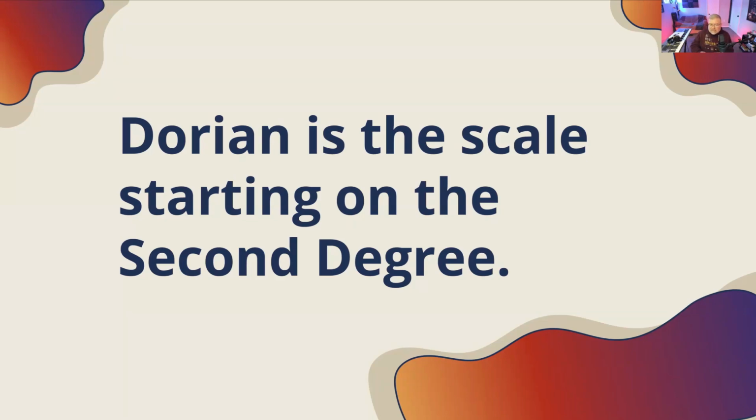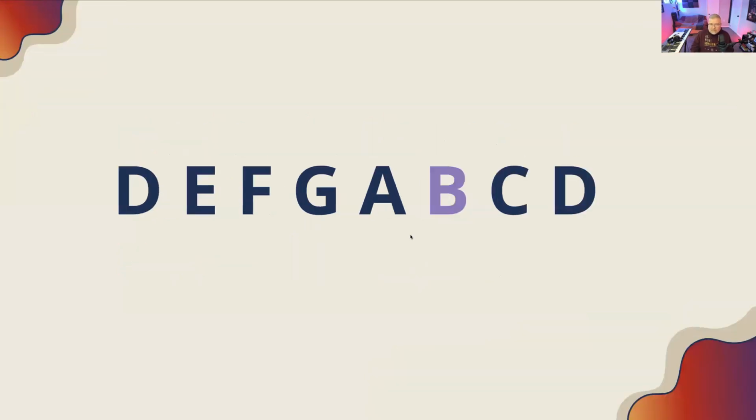In the C major scale, C is the 1, D is the 2, E is the 3, F is the 4, G is the 5th, A is the 6th, B is the 7th, and then the octave is C, back to 1. We're going to talk about D Dorian. It starts on D, but we're in the same key signature of C major, no sharps, no flats.